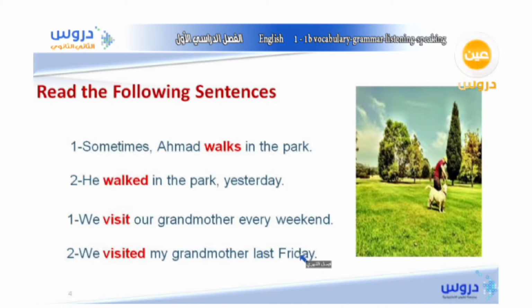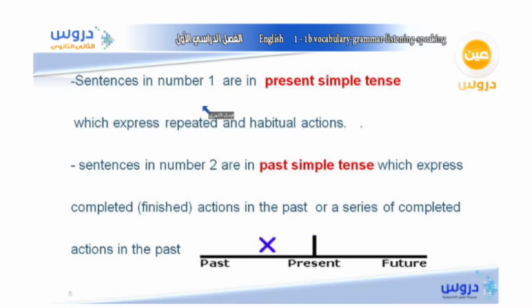Okay? We are going to see now that in sentence number 1, the tense is present simple, alright? Which expresses repeated and habitual actions. If you do a habit every day, for example, drinking coffee in the morning, you can use present simple. If you talk about facts, you can use present simple. Alright? Sentence number 2 is in the past simple, because we are talking about completed, finished actions.